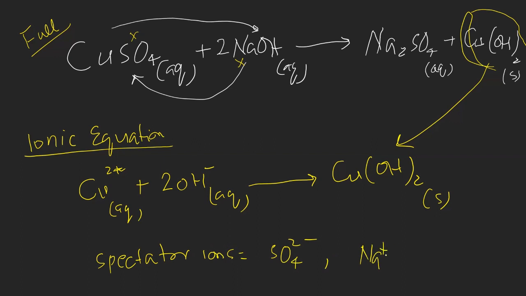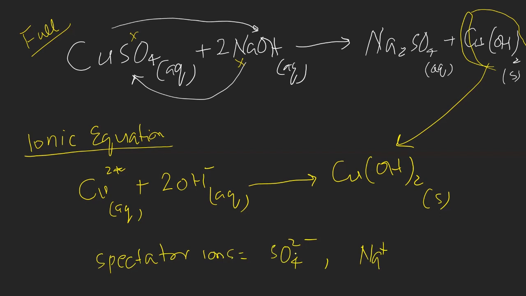Any ions which we are not writing in the ionic equation are called spectator ions. Why do we call them spectator ions? Because they are just there in the reaction to balance the charges, but they are not making the precipitate. They are just there as spectators. They are not doing the actual job of making the precipitate. All right. So this way of writing is called the ionic equation.